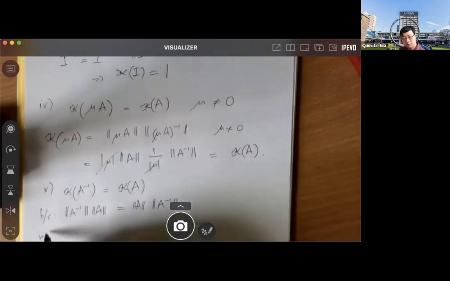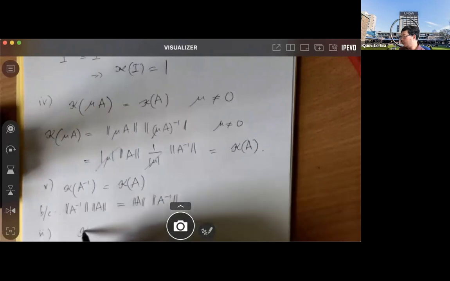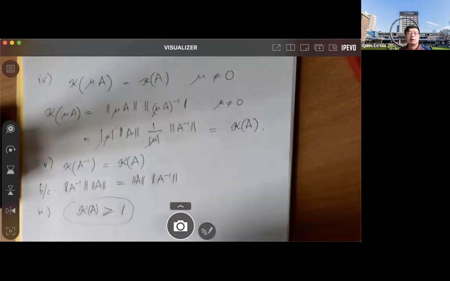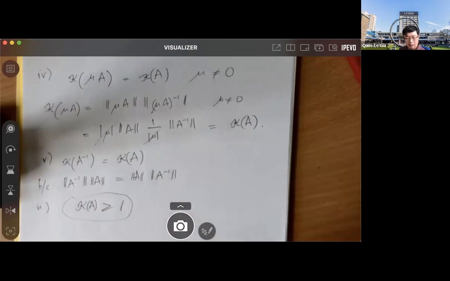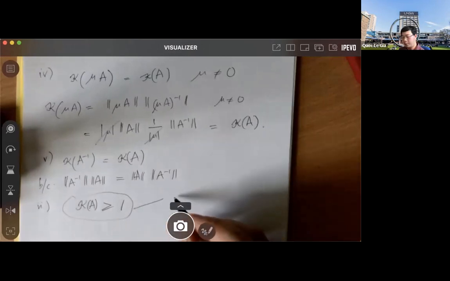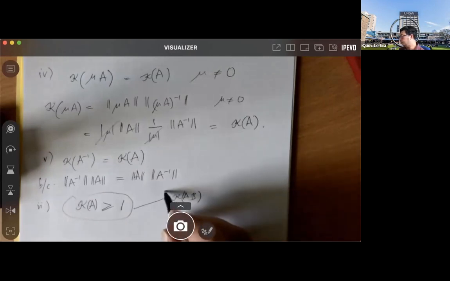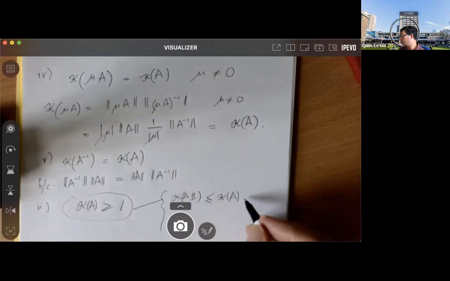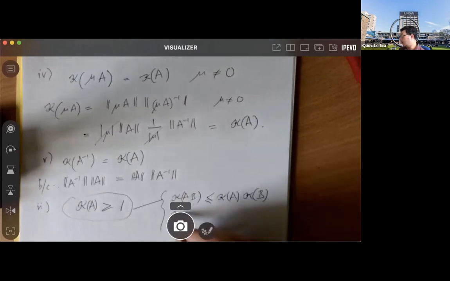And now the last property. The last property is interesting. The condition number of a matrix is always greater or equal to 1, for any non-singular matrix. The hint is you have to use the 3 properties we had before. So kappa of a product is less than or equal to kappa of A times kappa of B. Kappa of identity is 1.